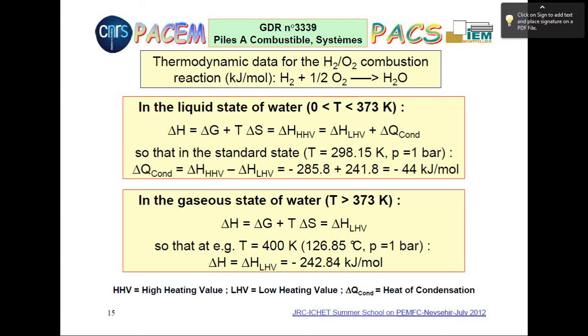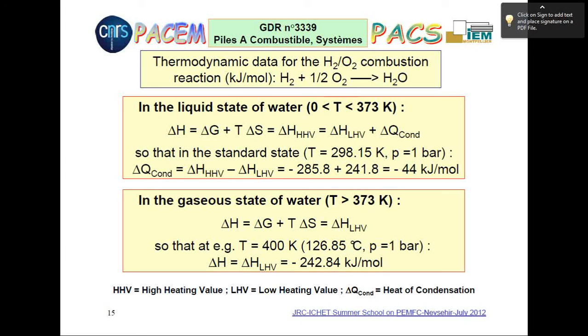In the liquid state, the energy change, heat of reaction, has a high heating value, HHV, which is equal to the low heating value plus the heat of condensation. And with the data I gave in the table before, you can calculate that the heat of condensation for water is 44 kilojoules per mole.